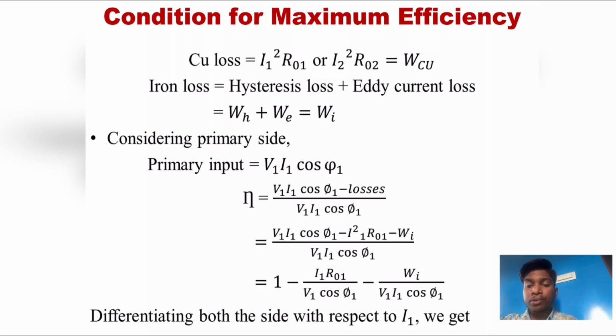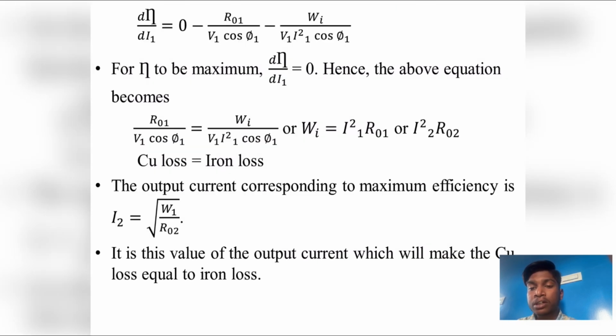By differentiating both sides with respect to I1, we get the efficiency. Differentiating efficiency with respect to I1 equals 0 minus R01 by V1 cos phi 1 plus WI by V1 I1 squared cos phi 1. For efficiency to be maximum, dη/dI1 equals 0.